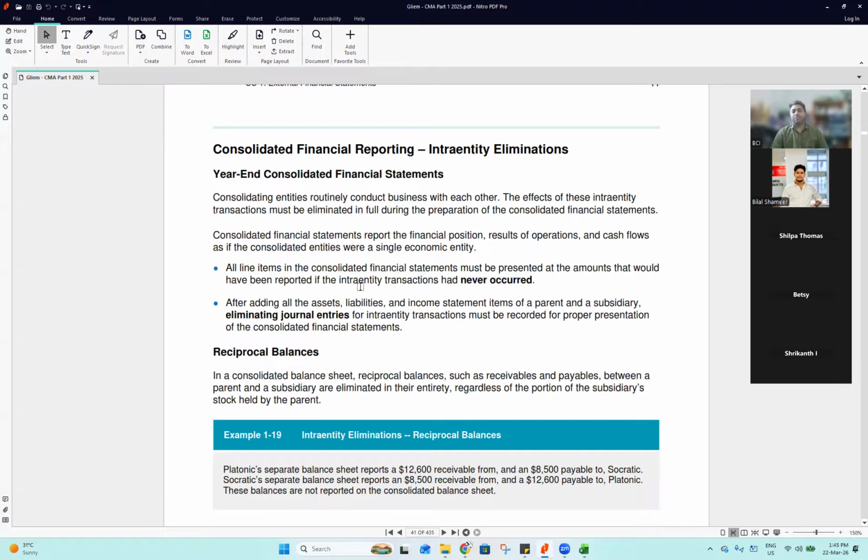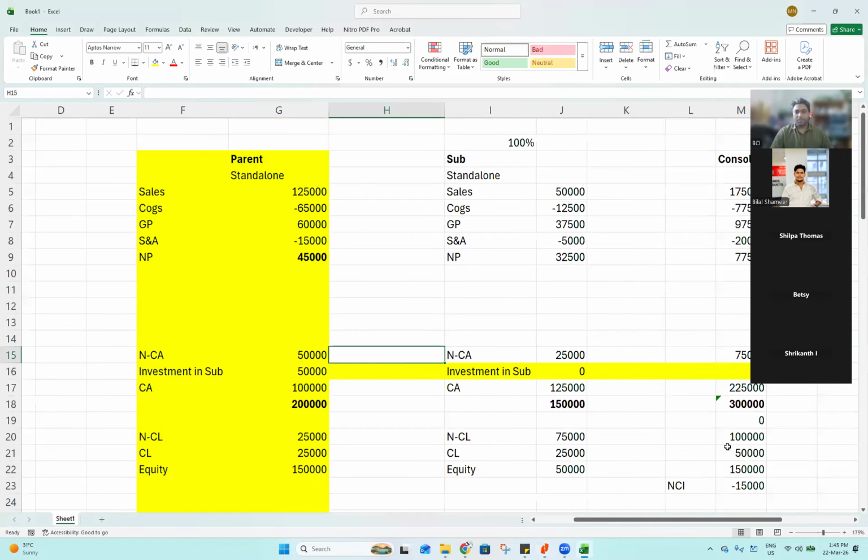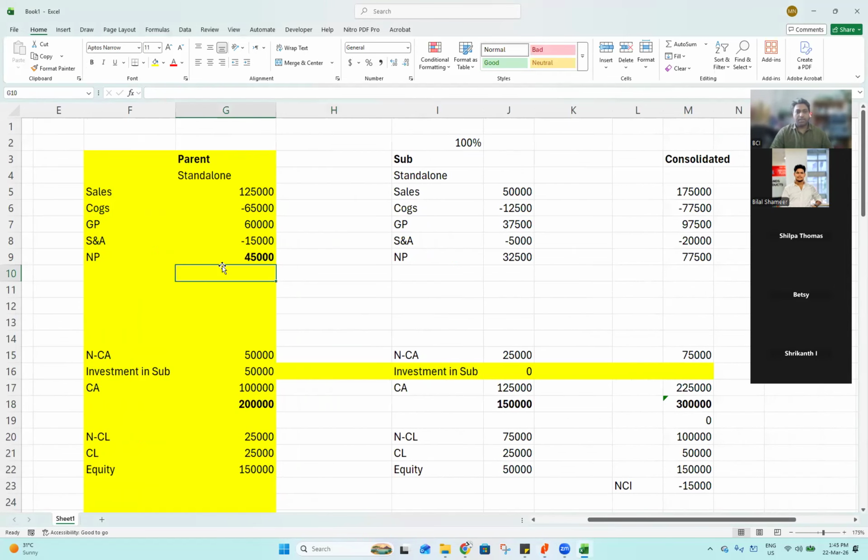Now, why do we say this? Because when you go here, for example, assume that the 50,000 sales the subsidiary had was from the COGS which the parent company purchased. Clear?